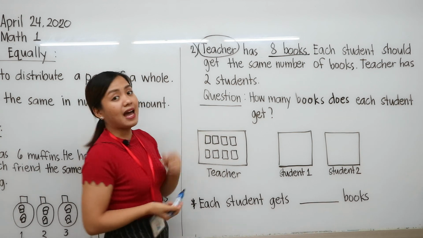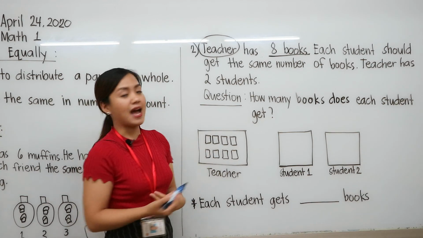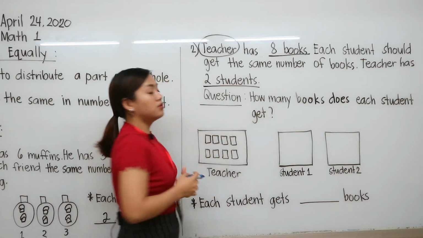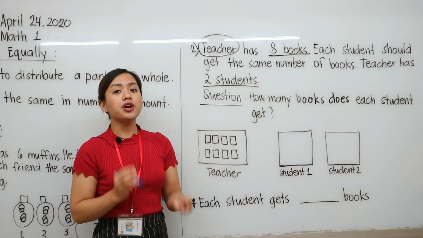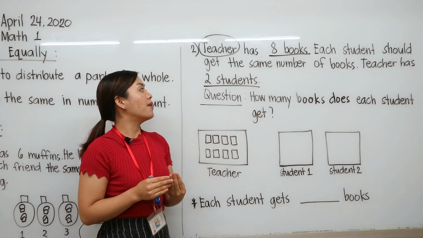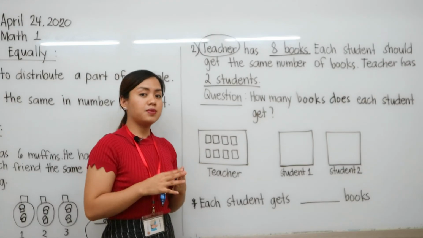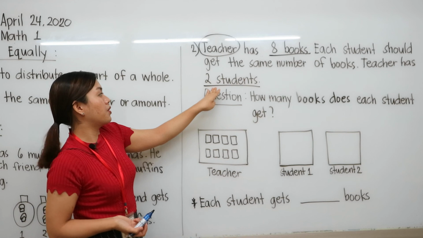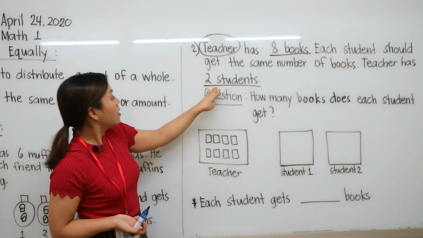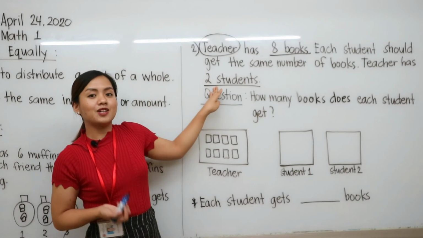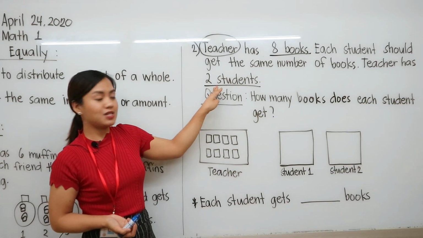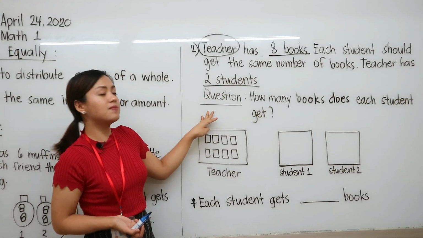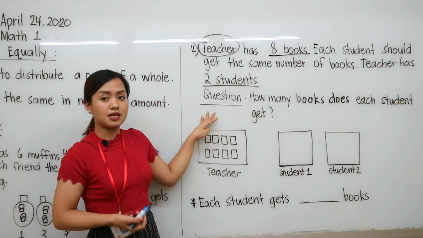And the teacher has 2 students. And the teacher will distribute the 8 books to his or her students. He or she only has 2 students. So the question is, how many books does each student get?